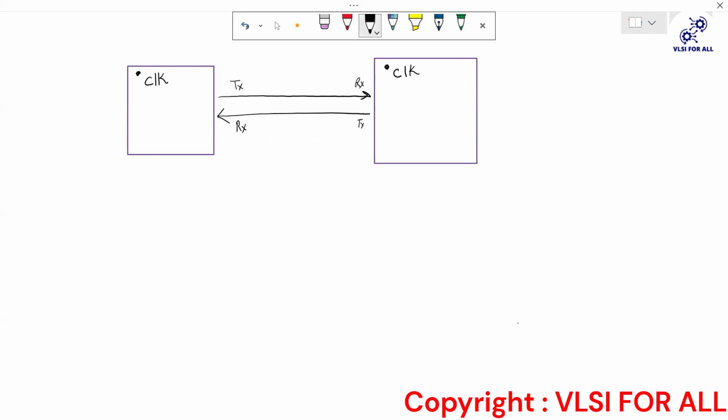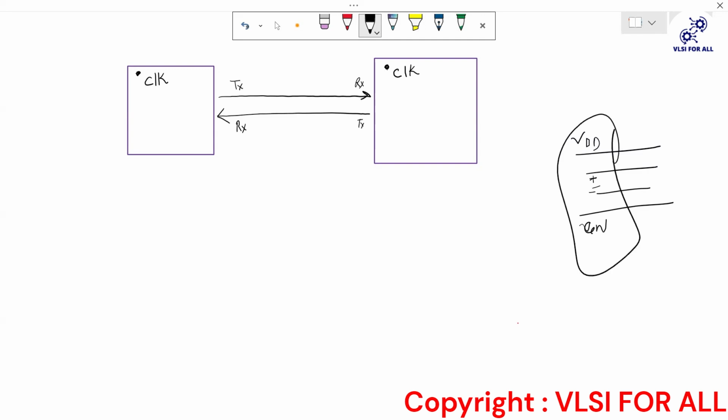We don't have any other pins, because in USB also we have very limited pins. Can someone tell me what those are in USB? VDD and ground, and then plus and minus, the TX and RX. So we are very limited.